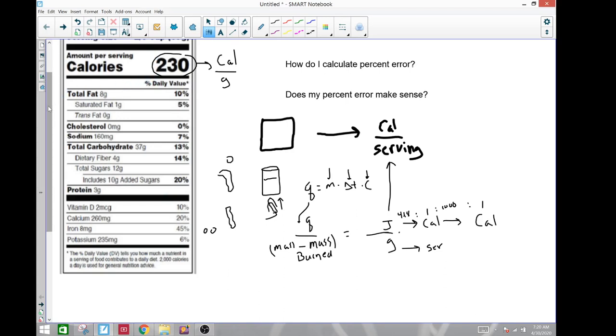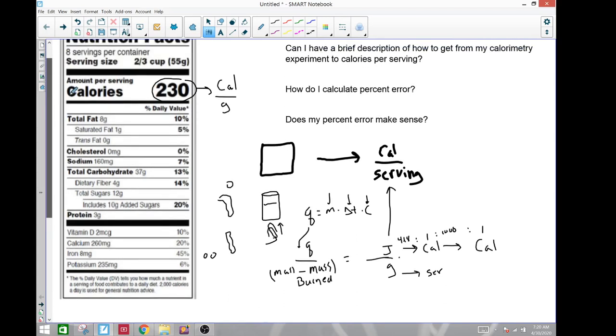Well, this one says right here about 55 grams per serving. So that's 55 grams to 1 serving. So then I'm going to have calories per serving, which is really calories per 55 grams in this example. You need to go on your own label in the lab and record your own information on this.